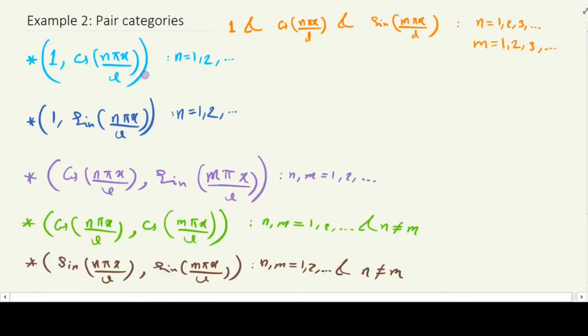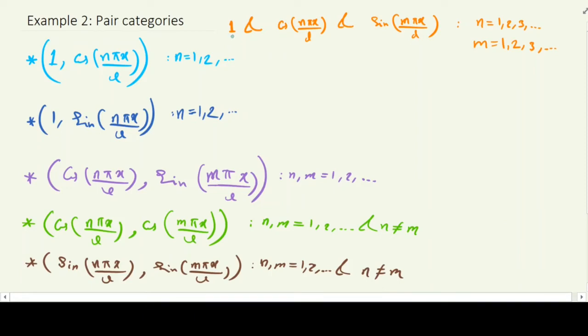So now let's see what scenarios we can have. We have three classes of functions. The first one is going to be just 1. The second one is going to be cosine of an integer times pi x over L. And the last one is going to be the class of sine functions, sine of an integer times pi x over L. So the scenarios that we could imagine here are as follows.